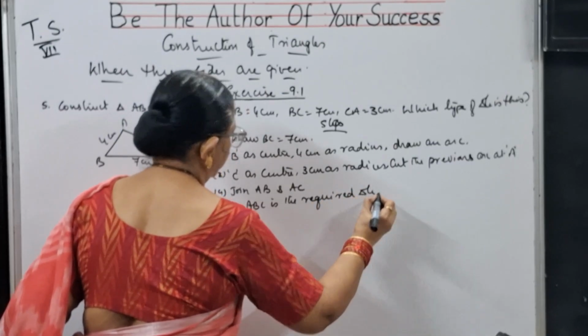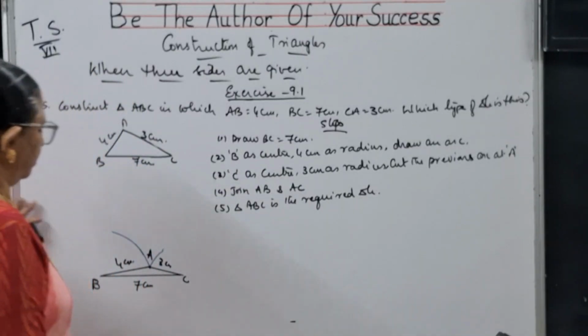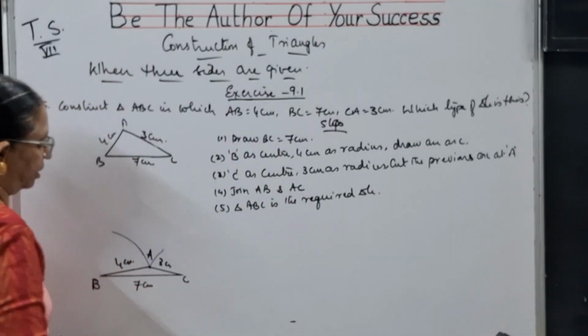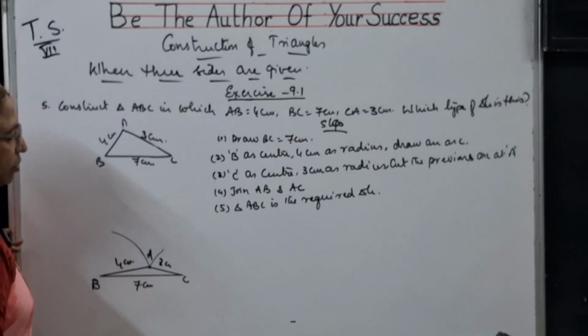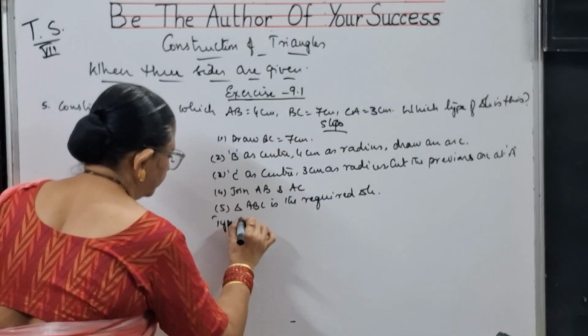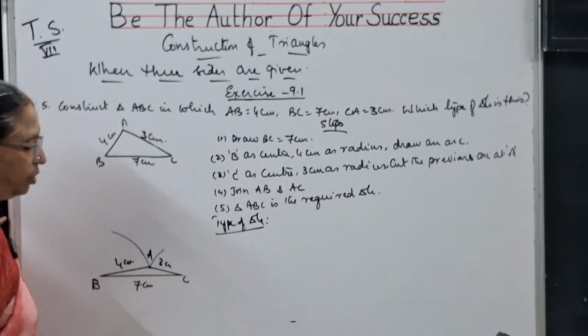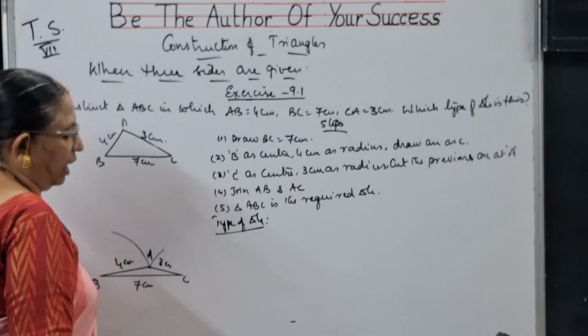Now the second question is, which type of triangle is this? See children, of course it is a scalene triangle. You can check that type of triangle. They have not asked you to measure the angles.